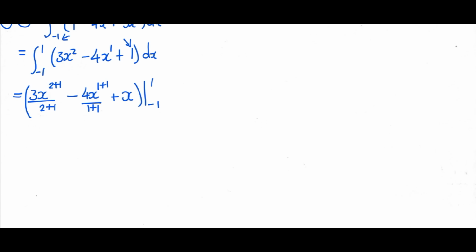Now let's simplify the inside part. So we know that this will be 3 over 2 plus 1, 3 times x raised to the power 3, minus 4 over 2, which is 1 plus 1 is 2, times x raised to the power 2, plus x, then evaluating from -1 to +1.